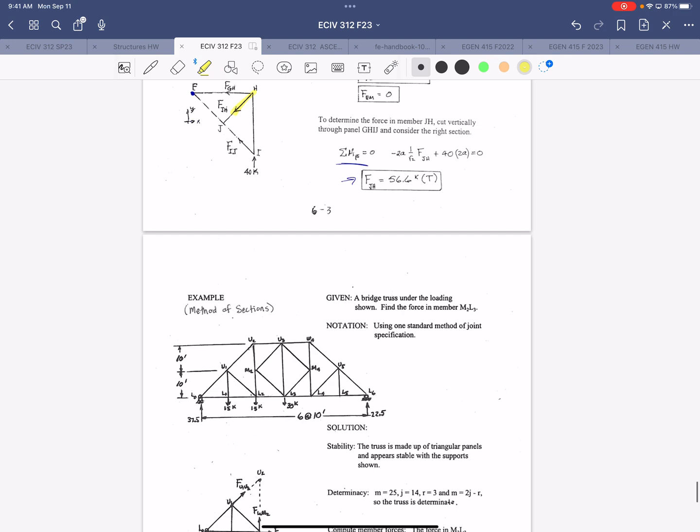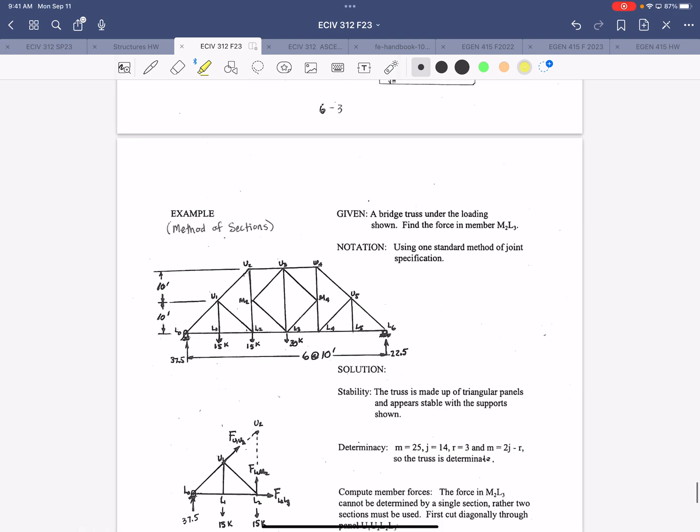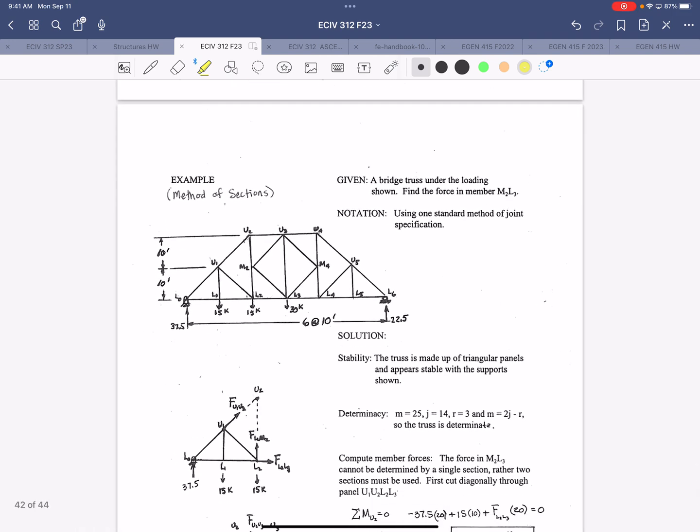Next example. Here we have a truss that has a different type of notation. This is one way that truss joints are numbered, where you use U for upper on the top chord, L for lower on the bottom chord, and then any intermediate joints would have an M. And then you have those values numbered roughly according to the panel that they're associated with.